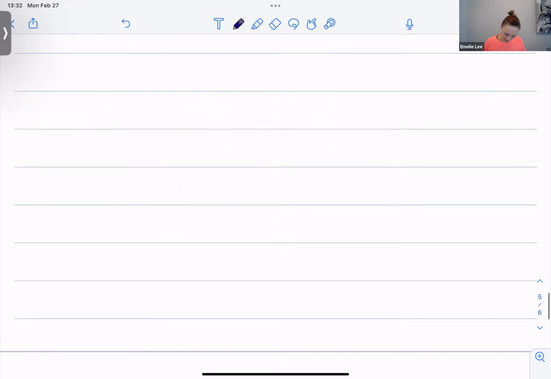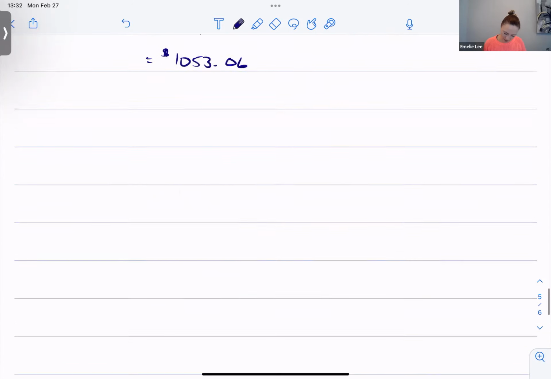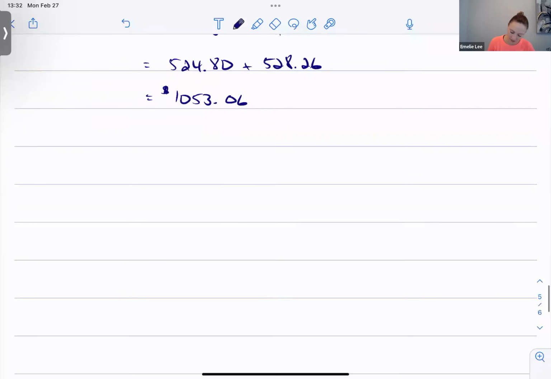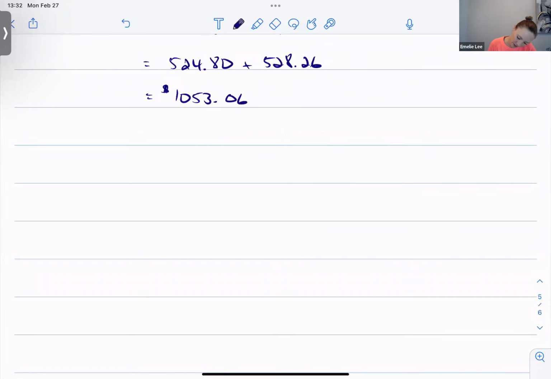Anyways, let me see if I can clarify what I just blabbed about here. Okay. So sometimes we will want to solve for some fixed payment amount, right? Where the payment remains the same.